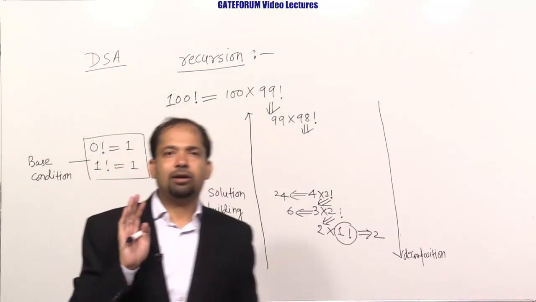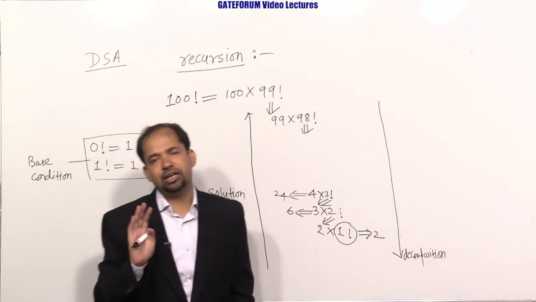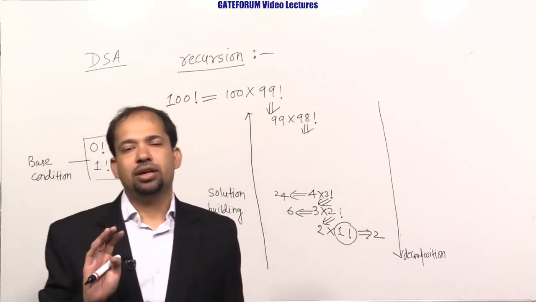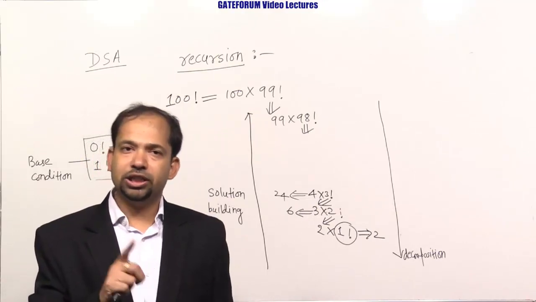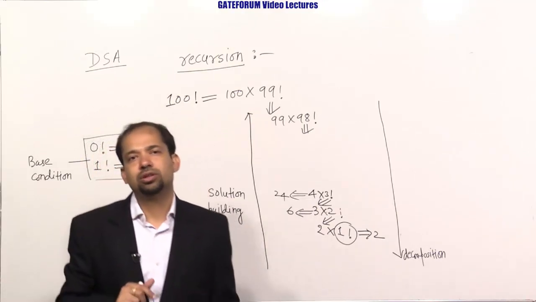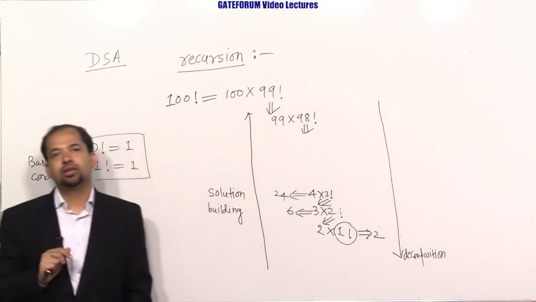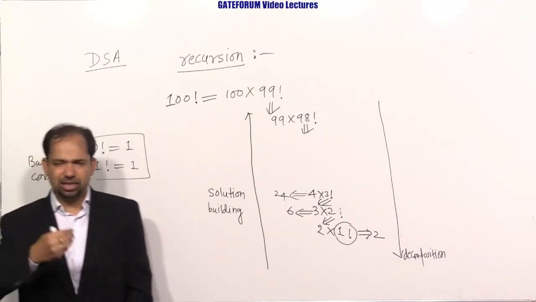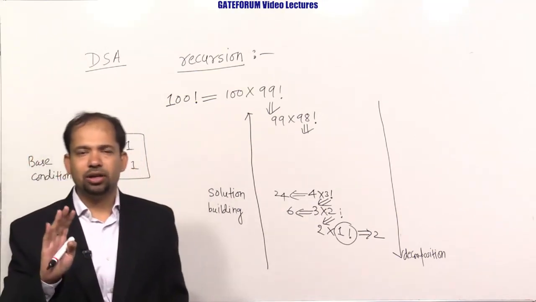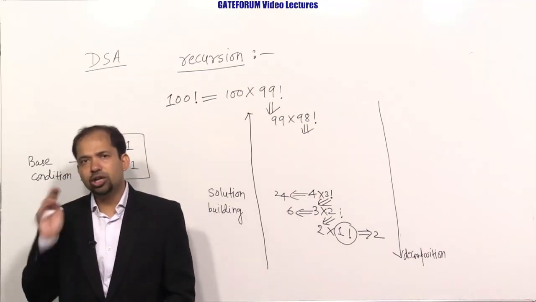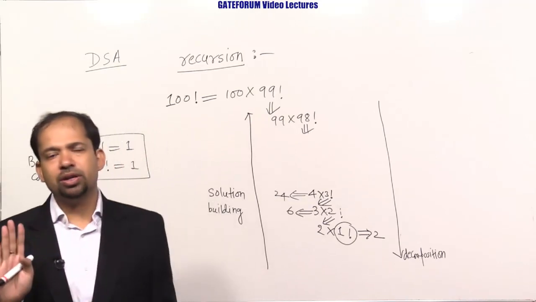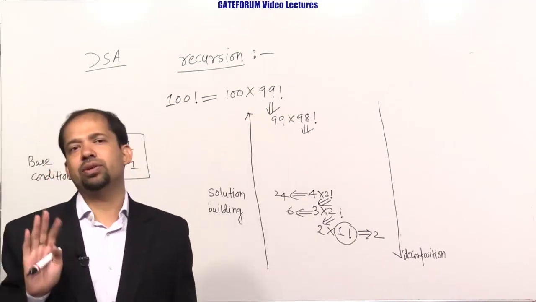So we cannot say recursion is efficient as far as time and space are concerned, but it is a powerful tool to solve many complex problems in equal or slightly more time. If you are not worried about time, you have ample time, and you want to crack a complex problem, then recursion is a very handy tool.